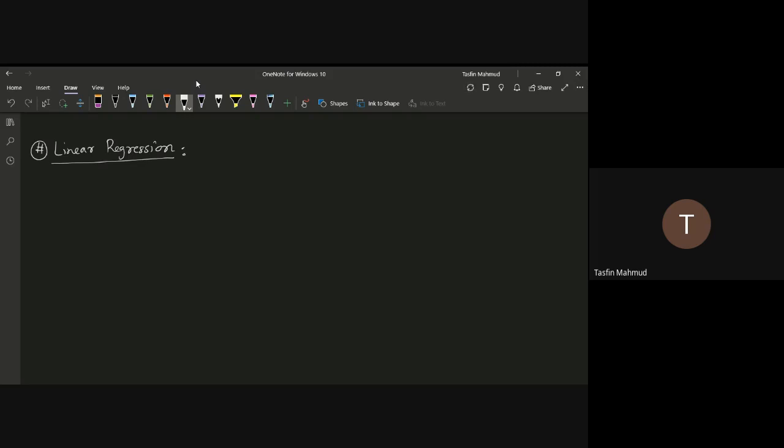So in case of linear regression, we will fit a straight line that will minimize the error for the given data points. So let's assume we have been given this data table. So the idea of linear regression is that we will fit a straight line that will minimize the error for the given data points.